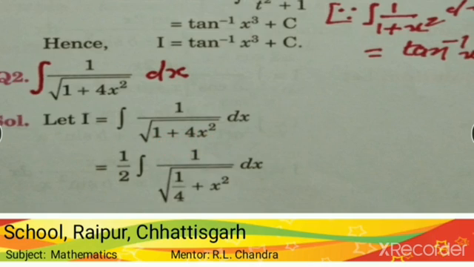Then under the bracket we can write 4 times 1 plus x square, meaning 1 upon under root 4. Under root 4 can be written as 1 upon 2 integration 1 upon square root 1 upon 4 plus x square.